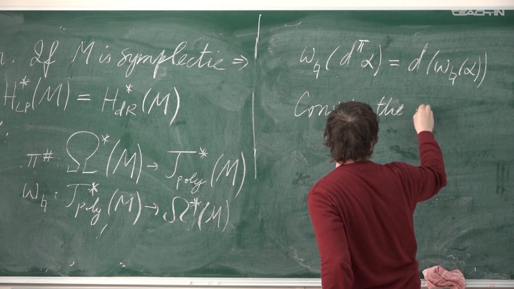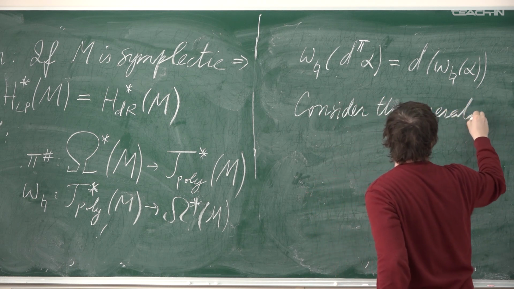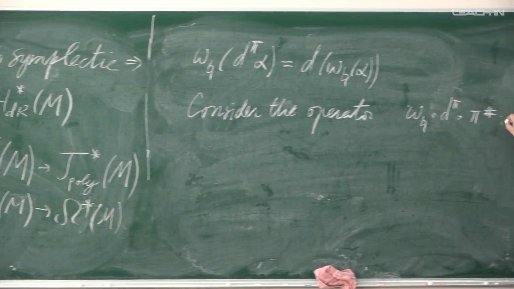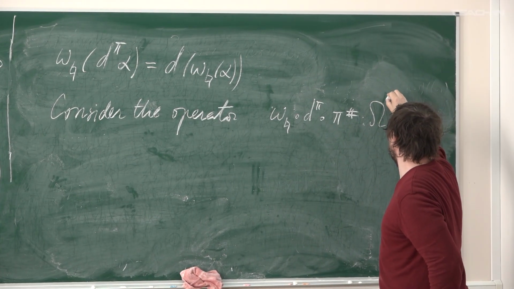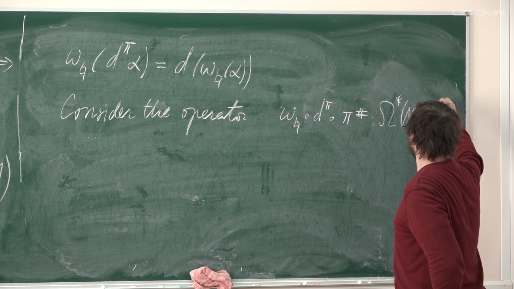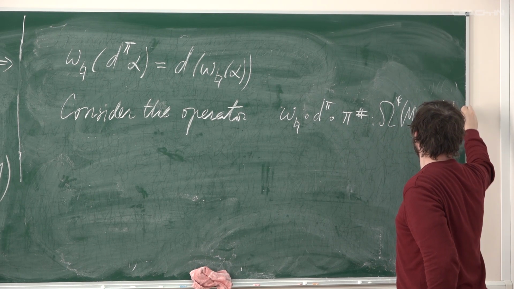So we just consider the operator which you obtain in this way. How do you call this? Omega composed with d pi composed with pi sharp. It is the operator from differential forms to differential forms which raises degrees by 1, right?